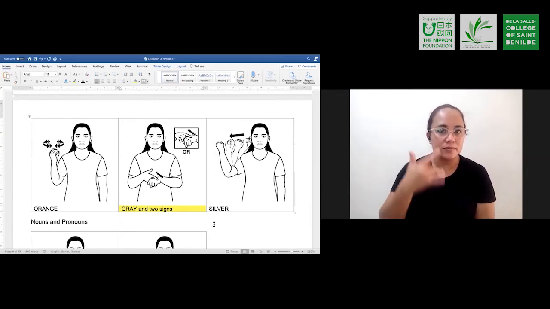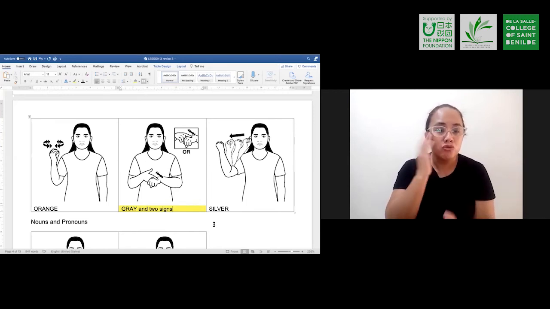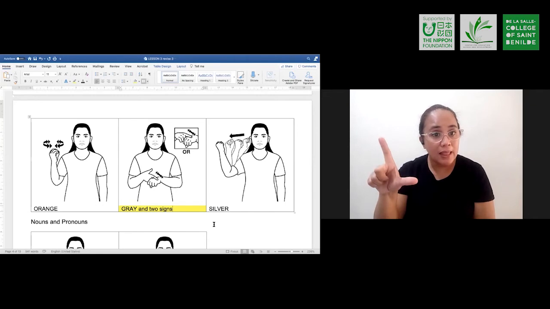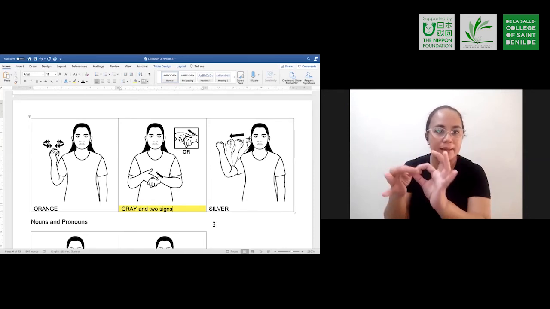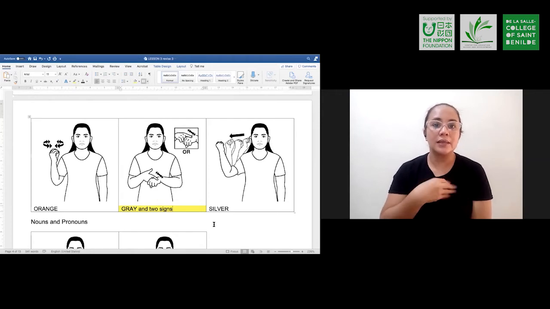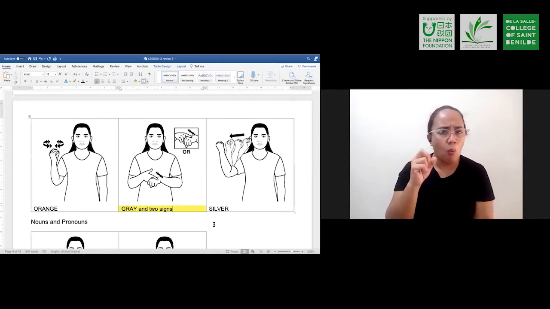So I'm not suggesting you use those signs by any means, but I'm suggesting that you know which of these signs are ASL related. So clearly blue, green, yellow are ASL related. And this sign only refers to white people, so I'm not sure if it is related to that or if it developed separately in Filipino Sign Language.